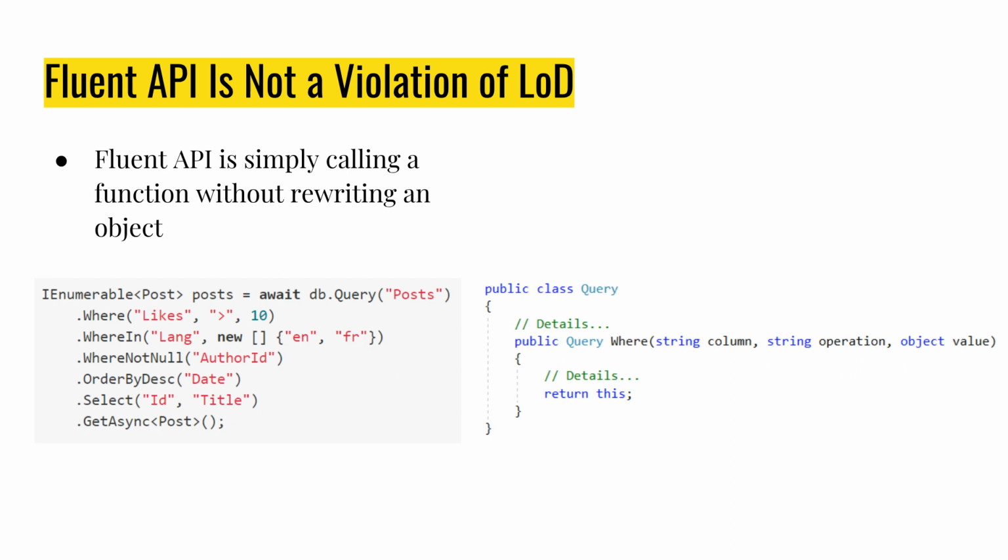We don't say query.where, query.whereIn, query.whereNotNull. We can chain those methods together. How? If you look on the right side, you see the class Query and an implementation of how where would look. In the end, we return itself, the instance itself, the class which has the method. And through that, we can chain those methods together and have no need of calling it again. So that's called Fluent API.